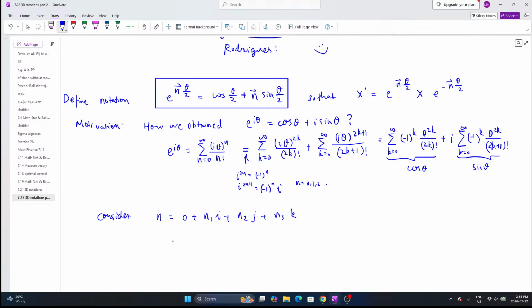What is this squared? What is n squared? Remember, n has norm of 1. Let's consider the unit vector n as a pure quaternion.